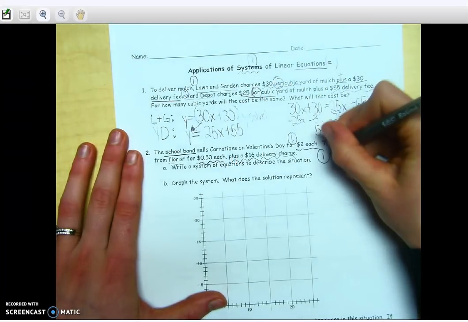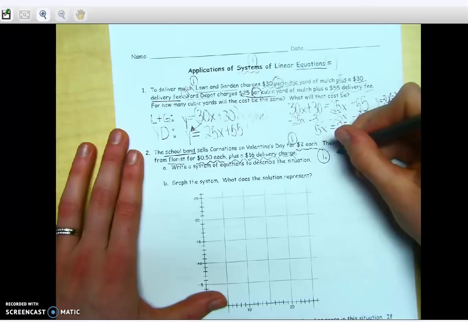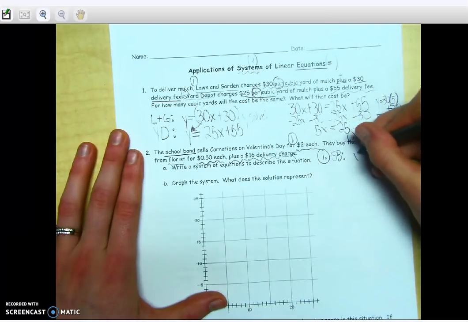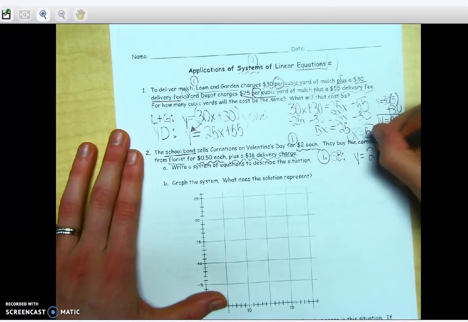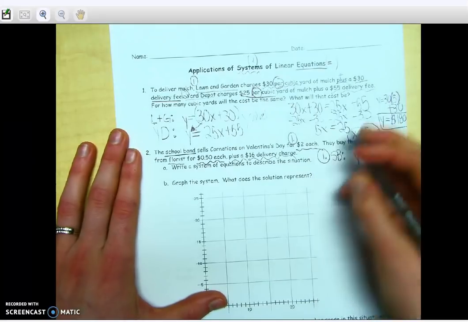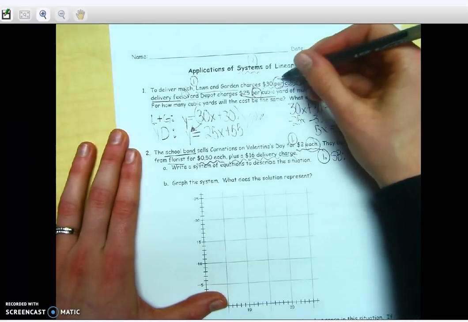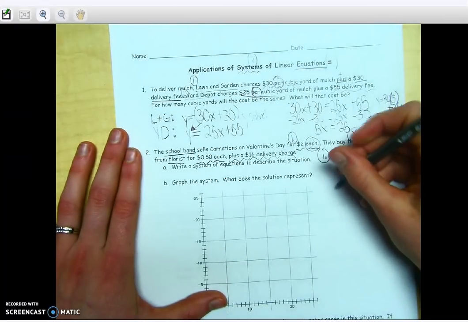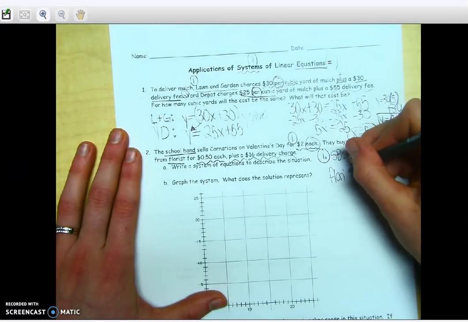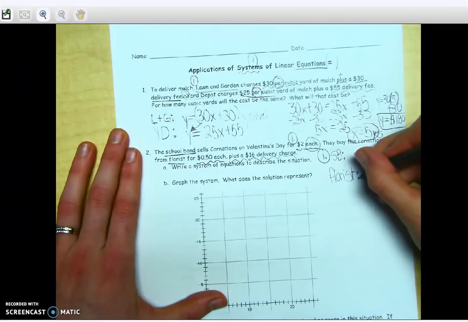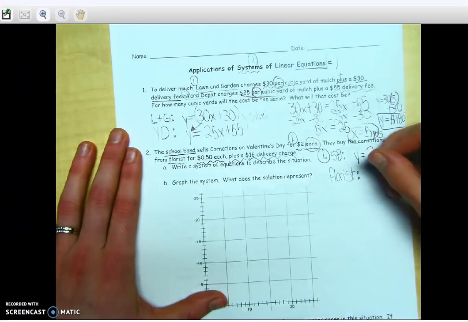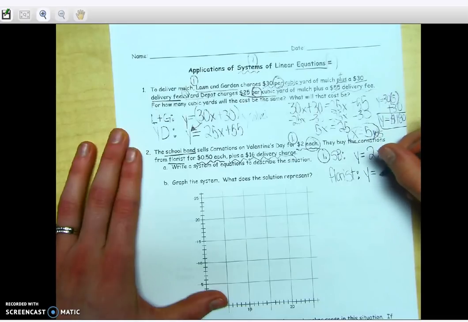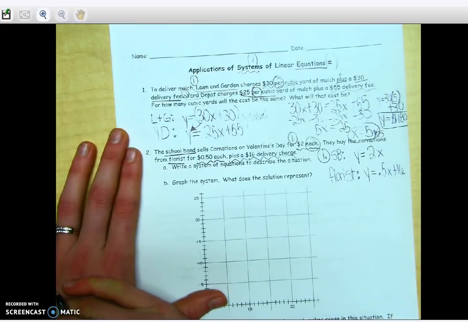So if we're looking at our first equation, the school band is going to sell each carnation for $2 a piece. So similarly to the word per, whenever you see the word each, that also is going to represent your slope. However, if you look at the florist, she is selling those carnations to us at 50 cents a piece, and then she's adding a delivery charge of $16.